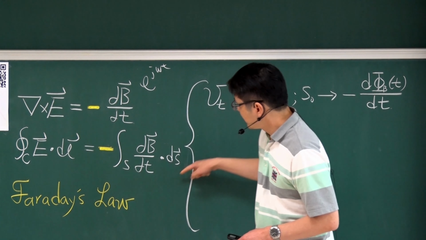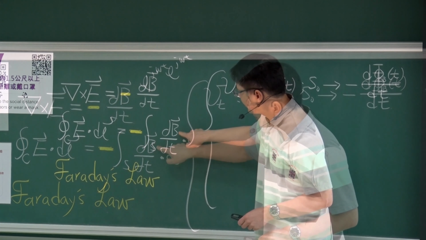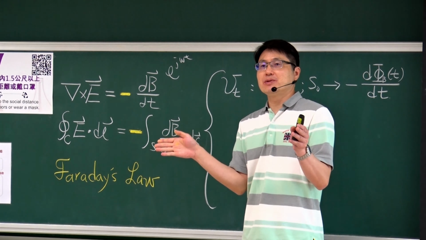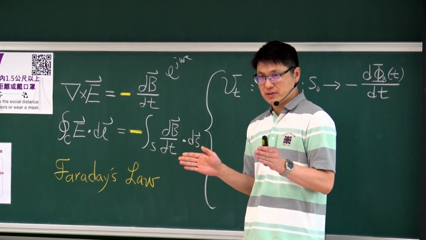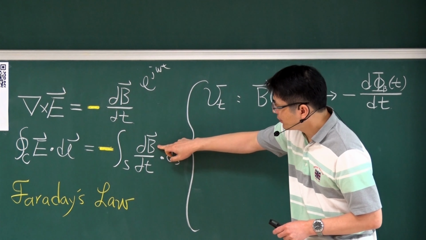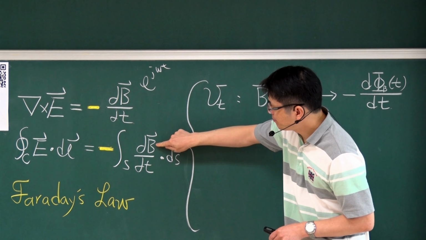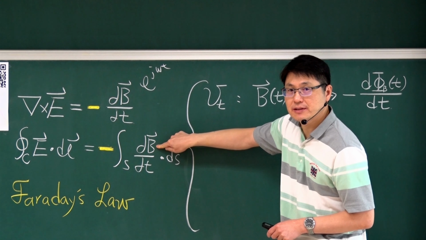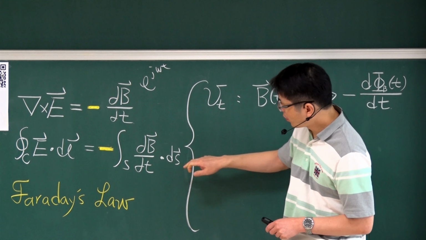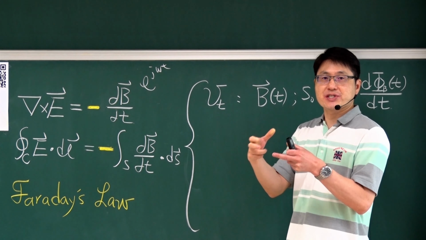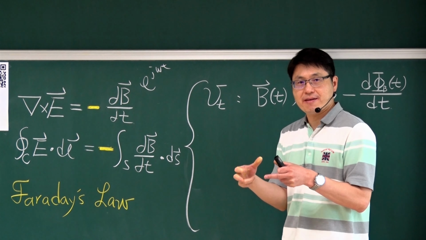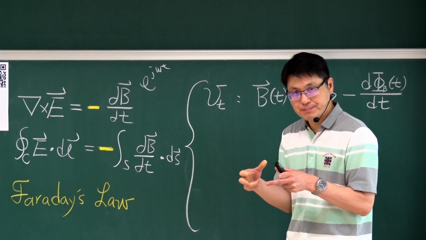So this means, together, the time variation can be decomposed into two components. The time variation can be showing in the magnetic field, or you can also have the circuit area, which is time varying. Okay?